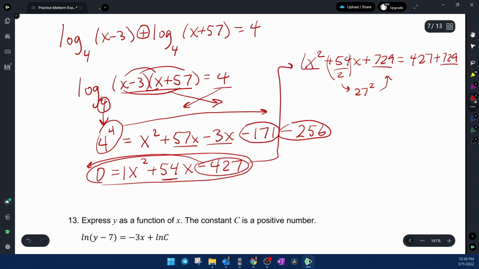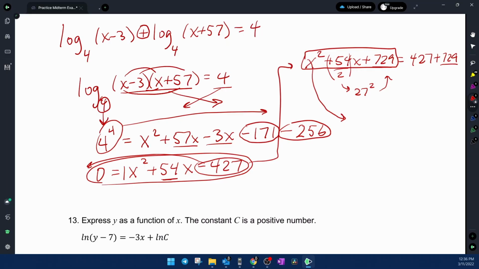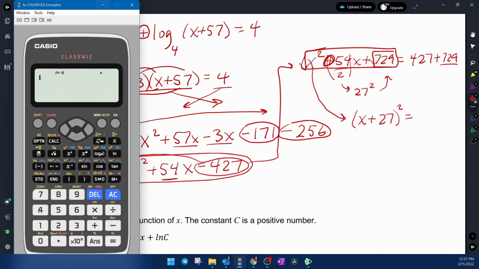And then if you look at this new trinomial, that's going to factor as a perfect square trinomial. That would be the square root of x squared, which is x. We're going to take this sign, which is plus, and the square root of 729, which was 27. On the other side, I need to know what is 427 plus 729, 1156.